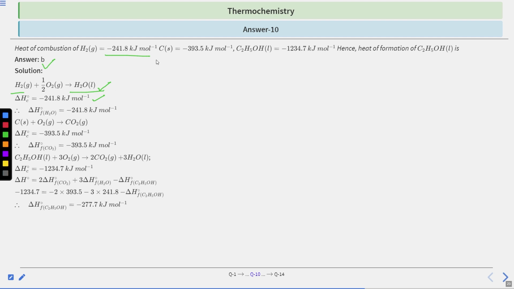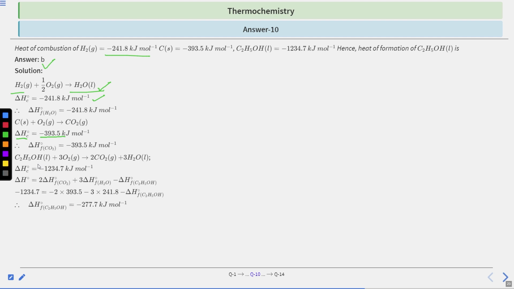Now second is combustion of carbon. So carbon plus O2 will give you CO2, and their heat of combustion is minus 393.5 kilojoule per mole. We can also say that this is same as the enthalpy of formation of CO2 molecule.